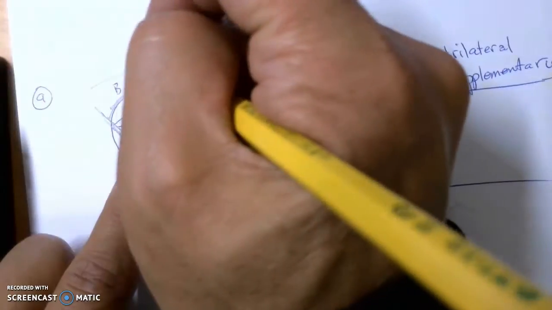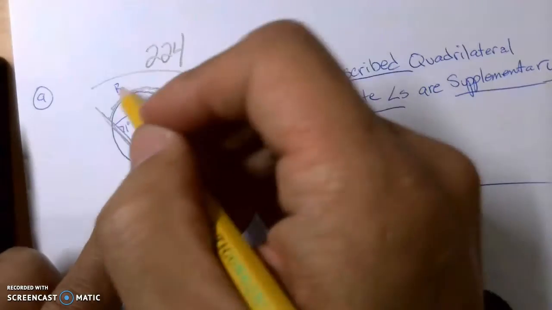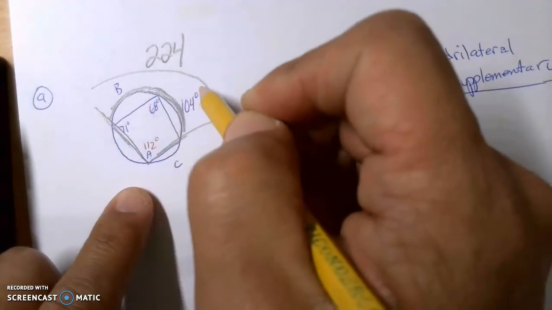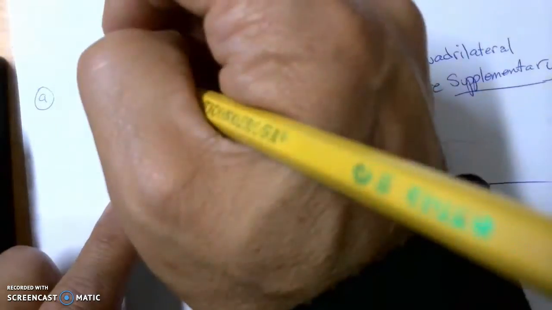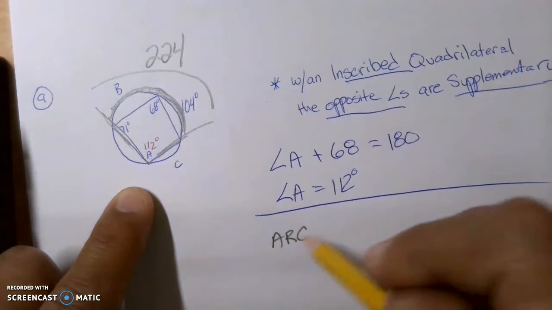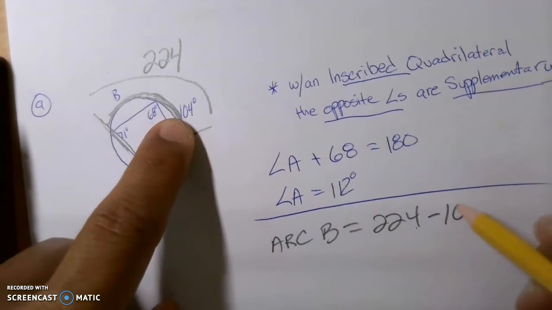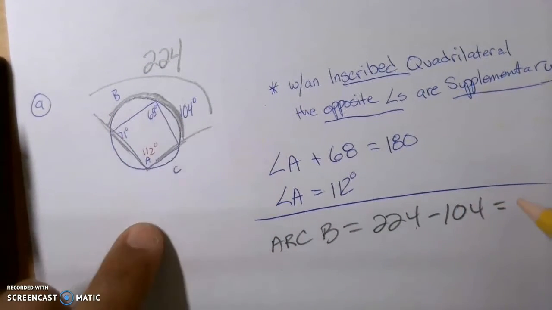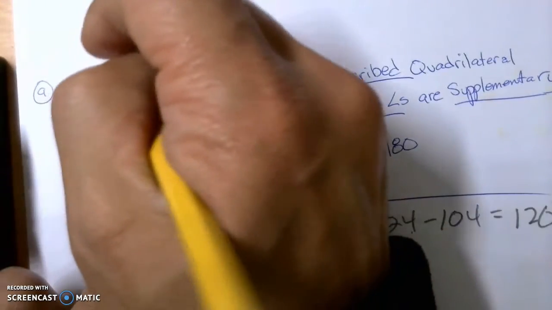So 112 times 2 is 224. So from here to here is 224. If this to this is 104, arc B is 224 minus the 104, which would make arc B 120. So this is 120 degrees out here.